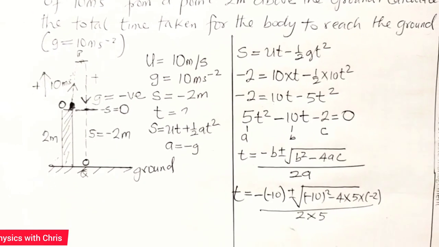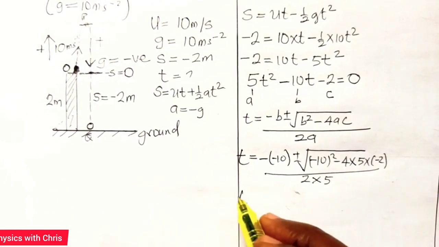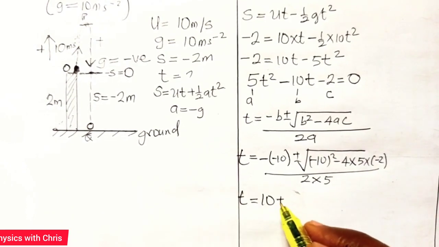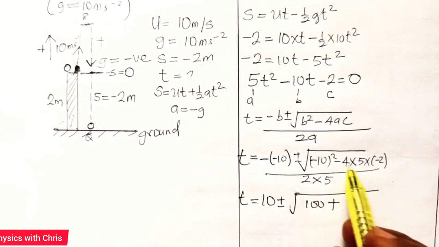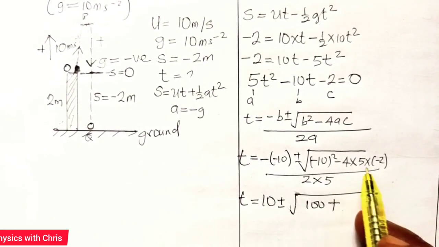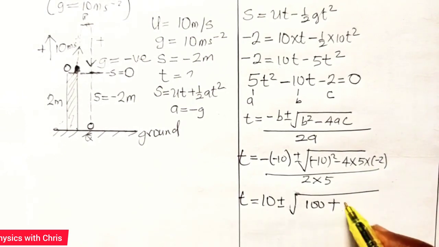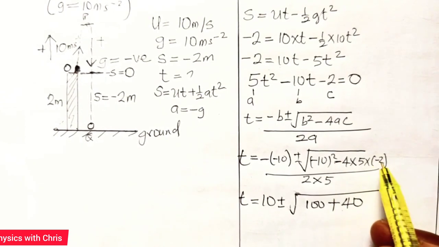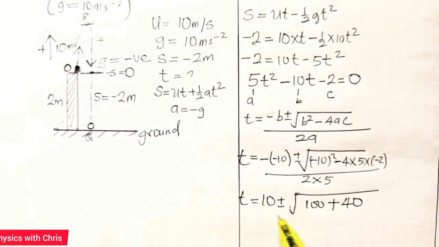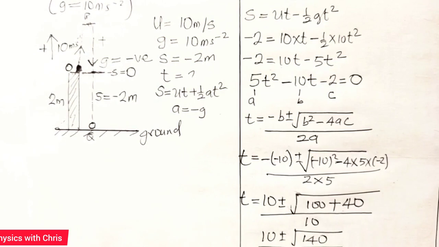Now by the time I evaluate that, I will have time t equals 10 plus or minus square root of 100 plus 4 times 5, which is 20, times 2 gives me 40, positive because negative times negative is positive, over 10. So that gives me 10 plus or minus square root of 140 divided by 10.